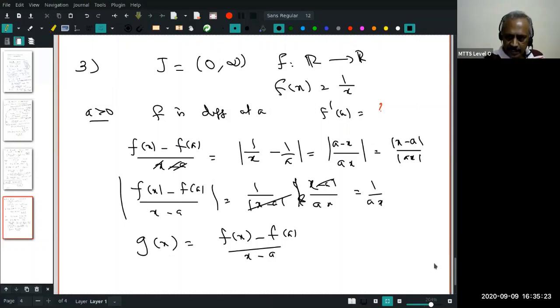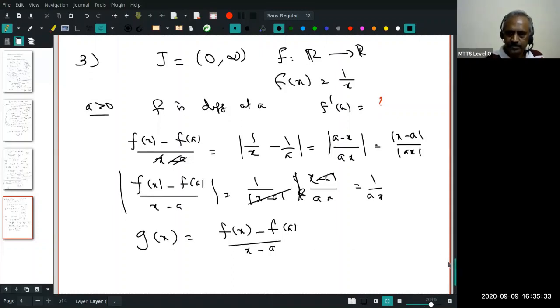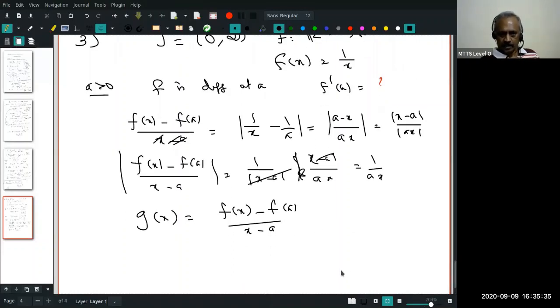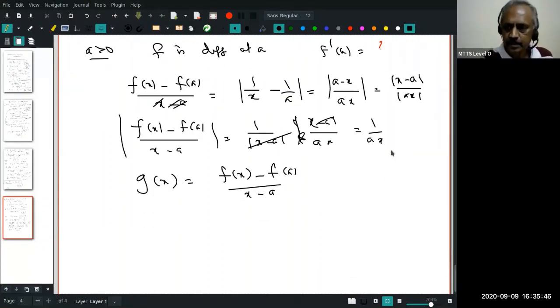Did I do it correctly? f(x) minus f(a), 1 by x minus 1 by a, this is right? Up to this is all right, but I have to do something more carefully. I'm not very happy with this. There is something wrong.